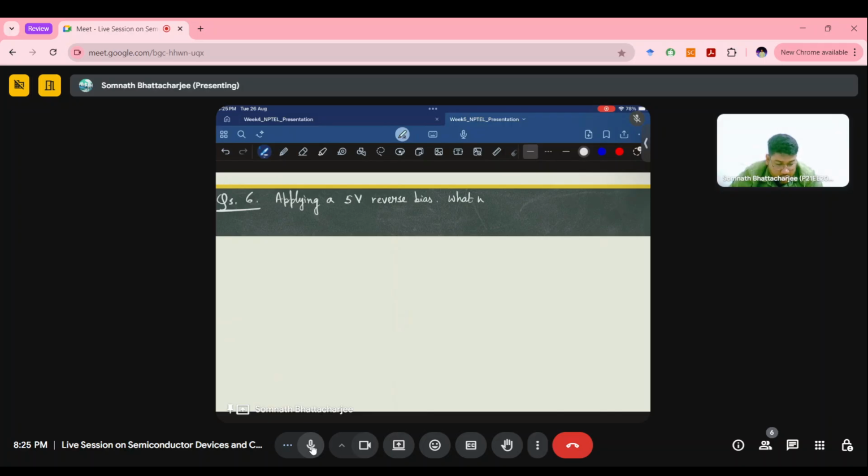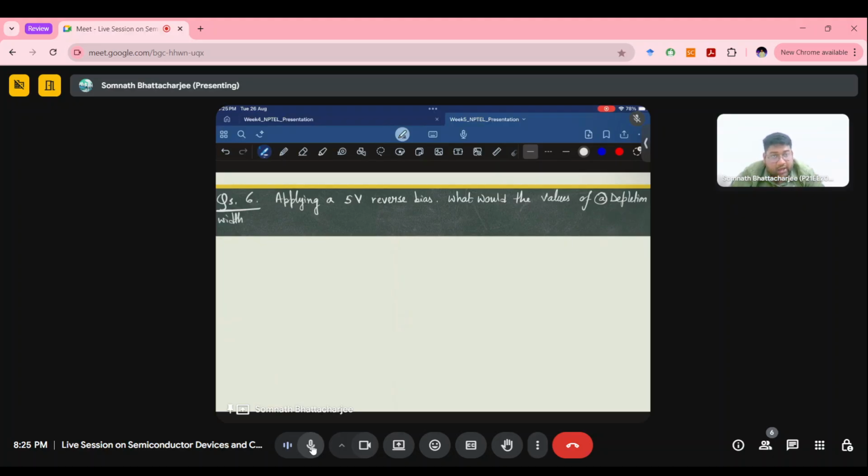What would be the values of, first, the depletion width?